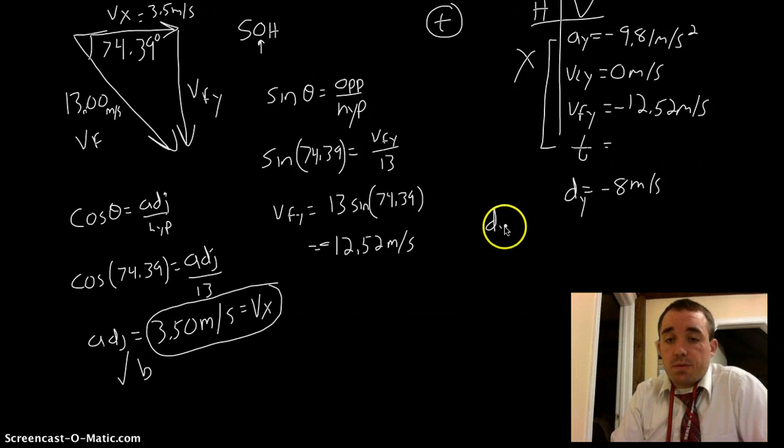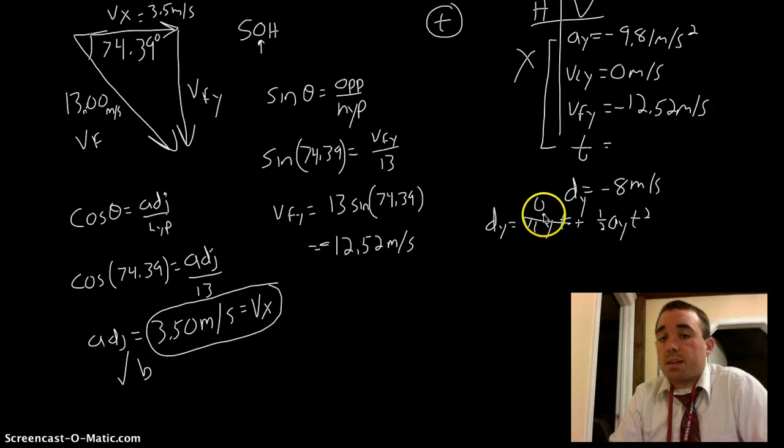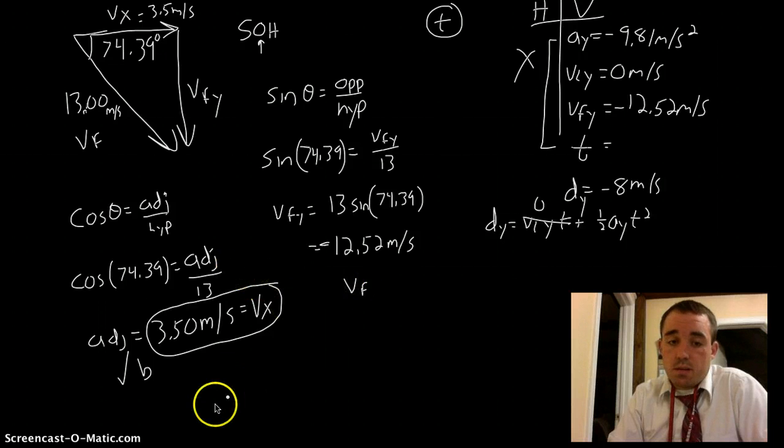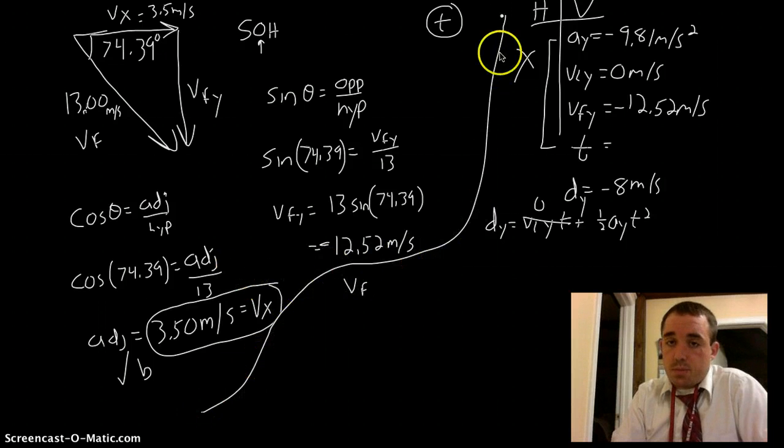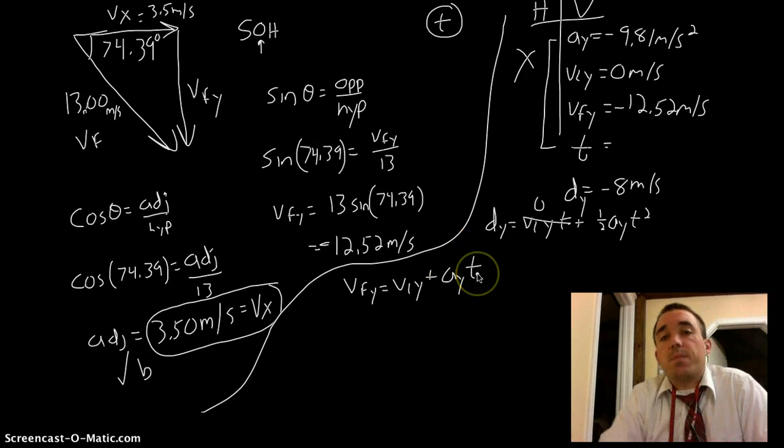In previous, we've done dy equals VIYT plus 1/2 AYT squared. That goes away, etc. Solve for t that way. Going to get the same answer. I'm just going to do it solving VFY equals VIY plus AYT.